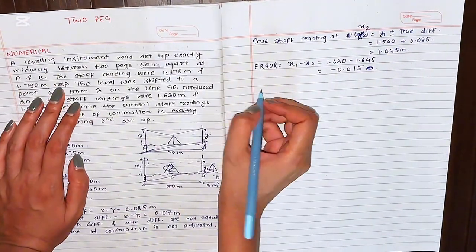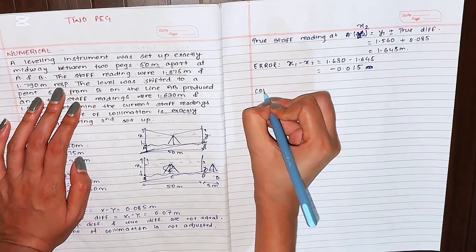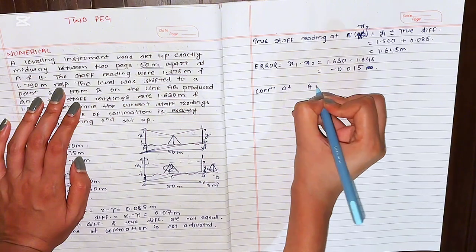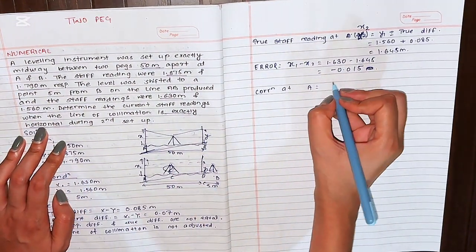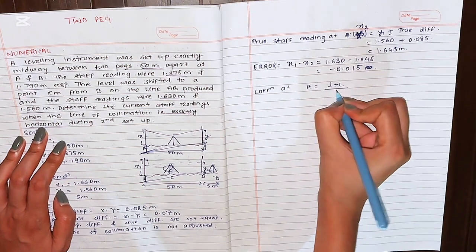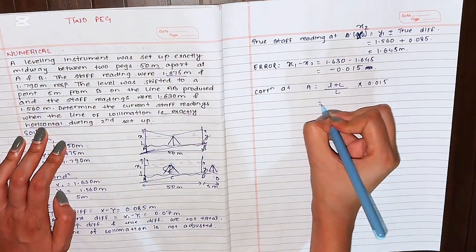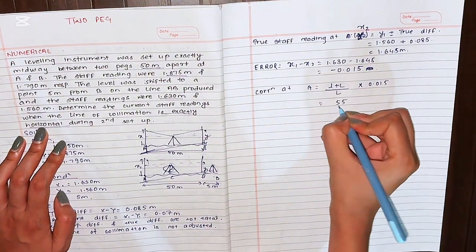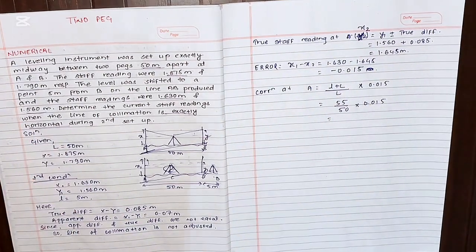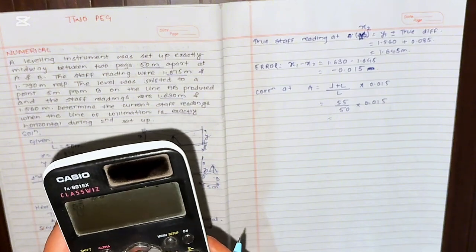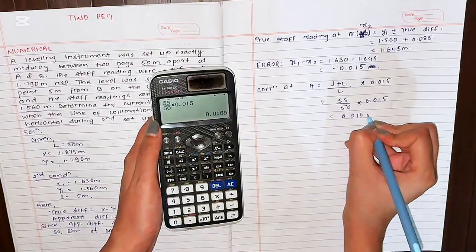Now correction at A will be equal to this distance plus this extended distance, that is 5 meter, L plus L by L into error, that is 0.015, which is equal to 55 by 50 into 0.015, that is 0.0165 meter.